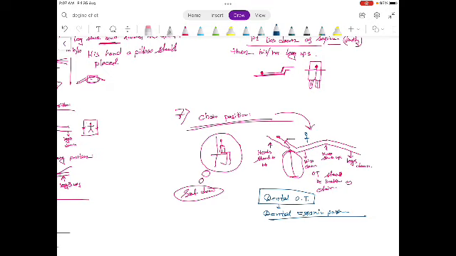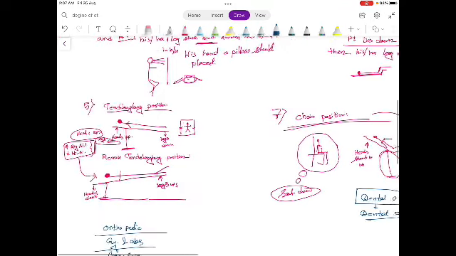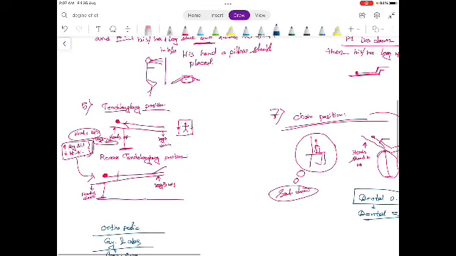Hypothetically, if a doctor wants to examine your throat, foot or knee properly, then he would position you in the chair position. So this is mainly used for dental and examination purposes, not usually used in the OT.